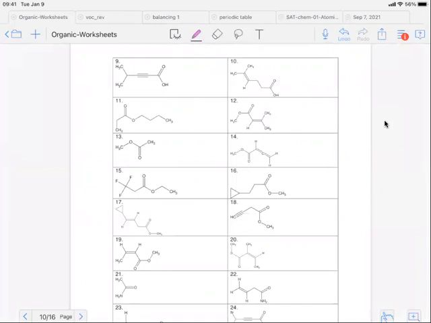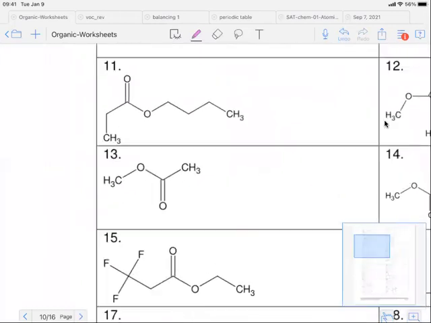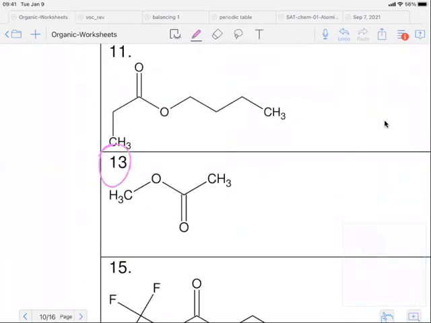Here we go. Do 13. Now we've got double bond O and an oxygen there, and then something else on the other side. This is an ester. So again, we have to identify how many carbons come before.